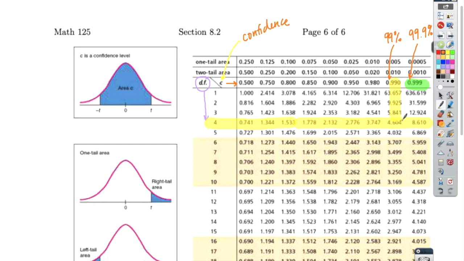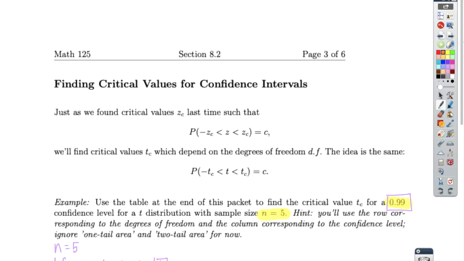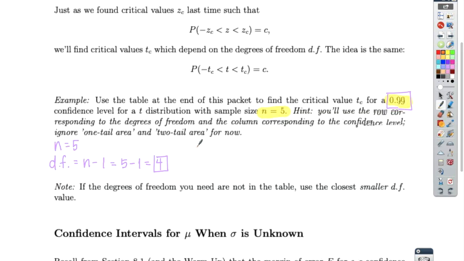So again, degrees of freedom and then confidence level, and when we line those up, this is our critical value, 4.604. So that's the answer for this one.